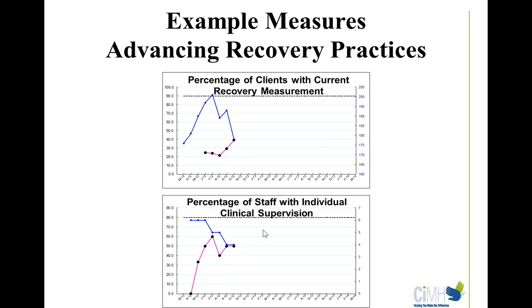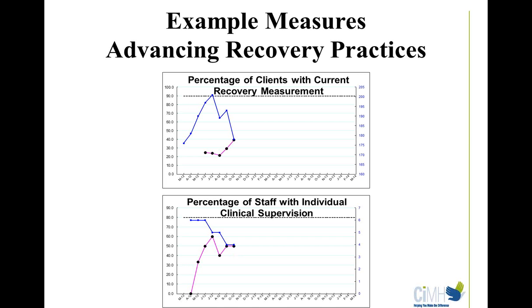The second measure here is one of measuring impact on staff. And so this particular measure is telling us whether or not staff are receiving strength-based individual clinical supervision. And again, the blue line tells us how many staff there are. That's the number of staff. And the pink line, more importantly, the dark dots, tell us each month what percentage of staff receive clinical supervision.